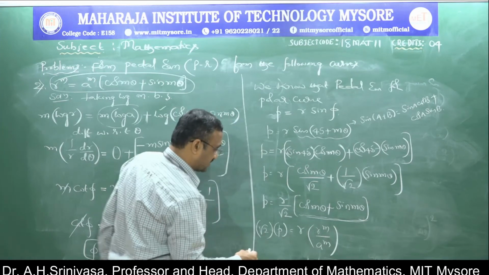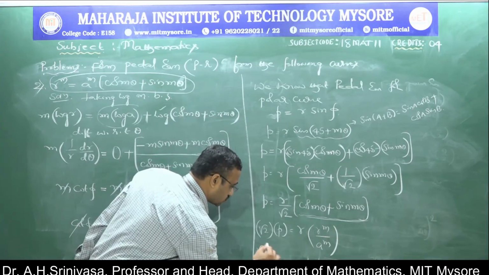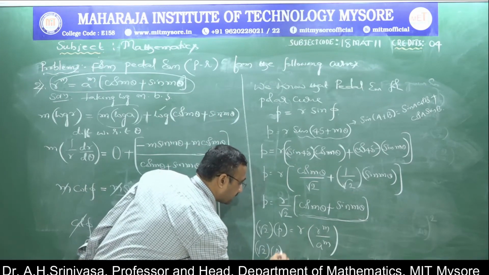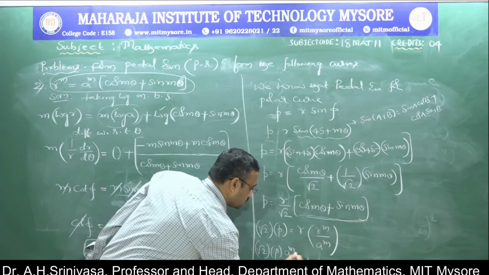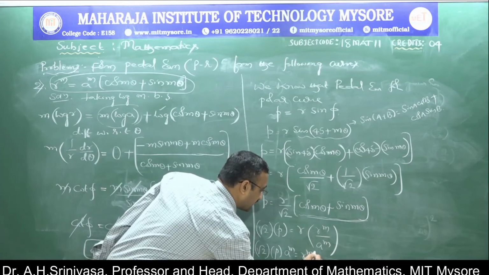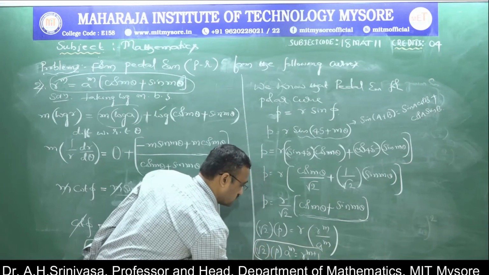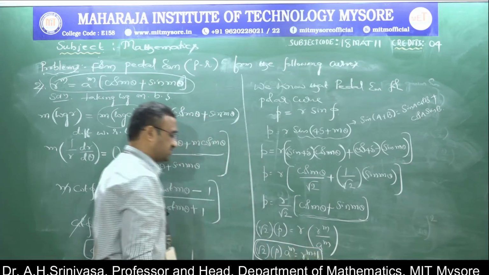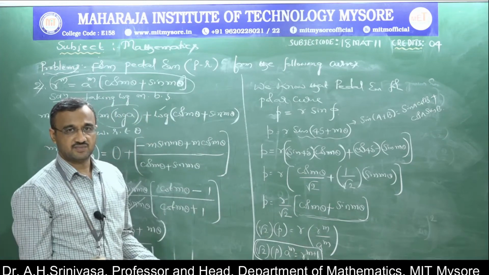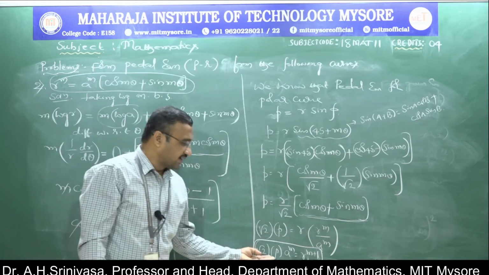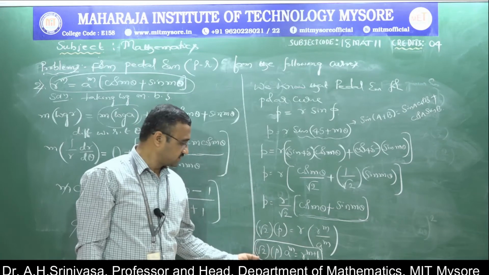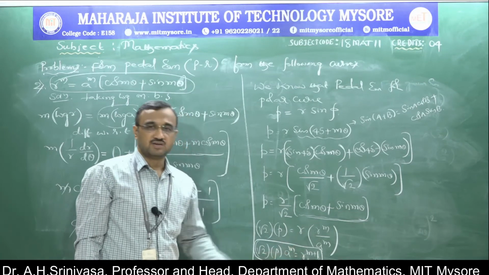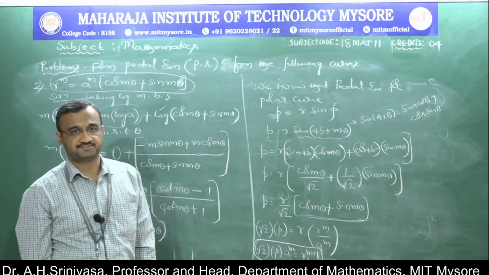We make a cross multiplication. This will give root 2 p a power m should be equal to r power m plus 1. So now see here, in this equation there is no angle theta now. So this is called a Pedal equation, an equation which involves p and r is called a Pedal equation.